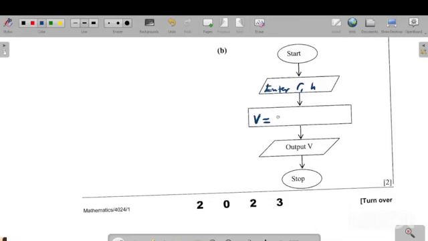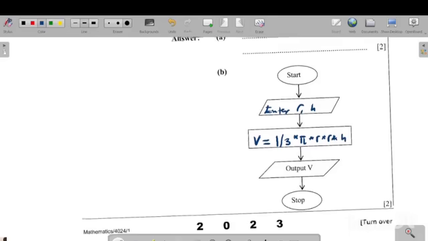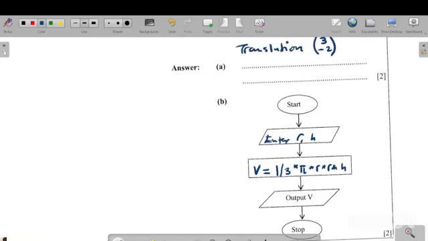Volume is equal to, so in computer language, you're going to write 1 with a slash like this over 3, then times will be a star, pi, times radius, because it's radius squared, we're going to say radius times radius, then times h. All right, so it means you've completed the flowchart.